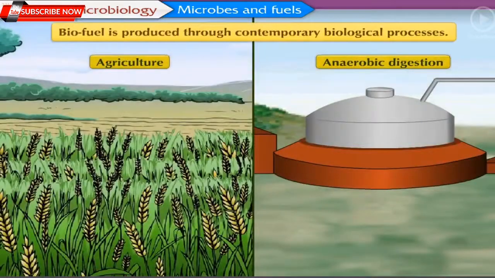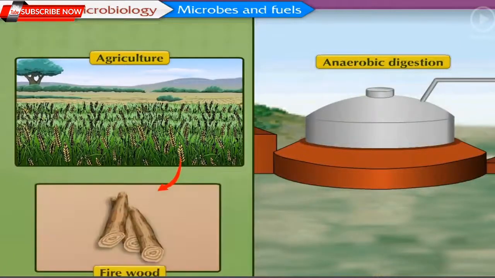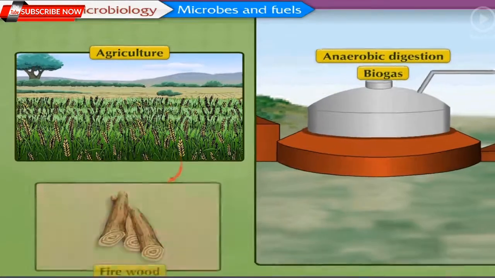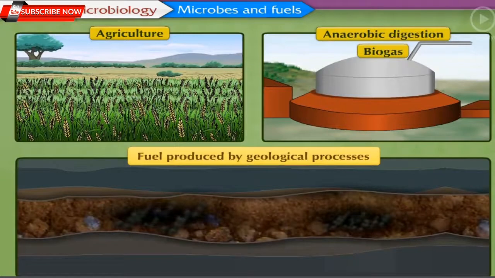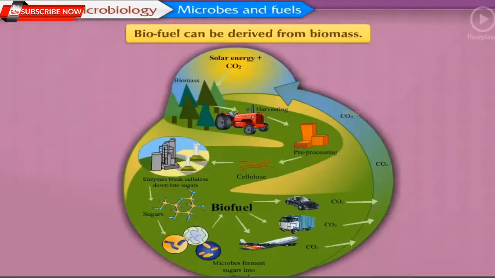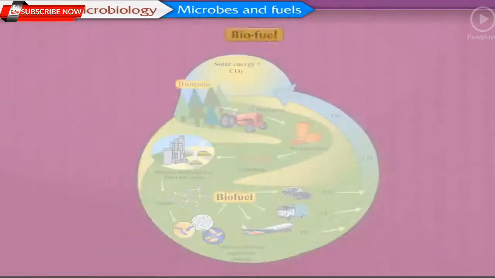A biofuel is a fuel that is produced through contemporary biological processes such as agriculture and anaerobic digestion, rather than a fuel produced by geological processes such as those involved in the formation of fossil fuels. It can be derived from biomass. Biomass can be converted to biofuel through different ways.